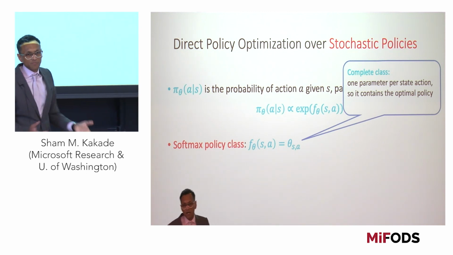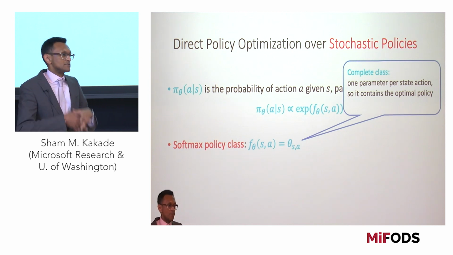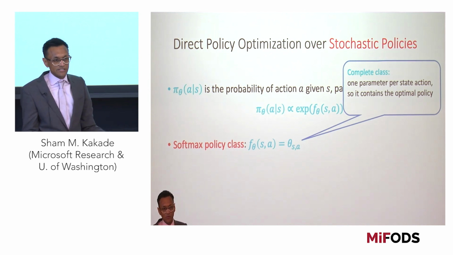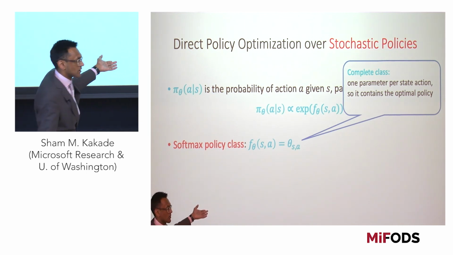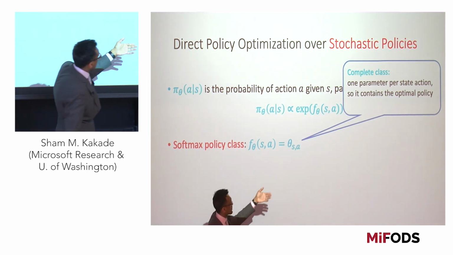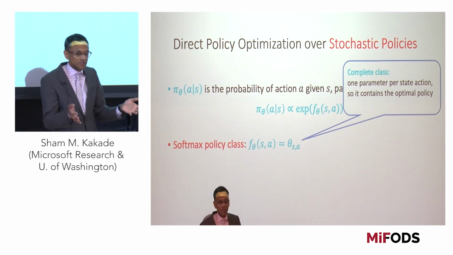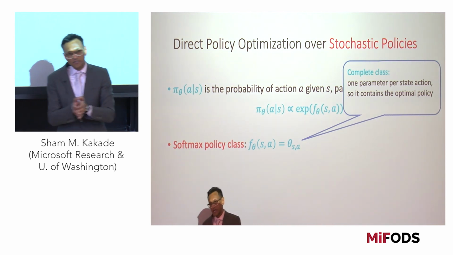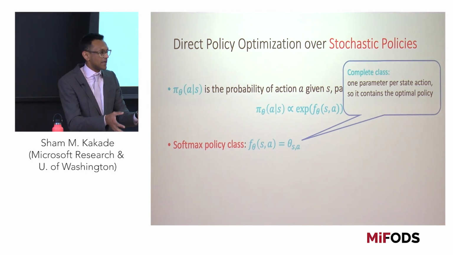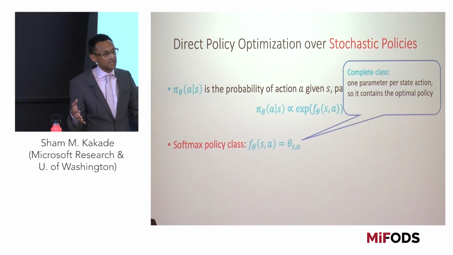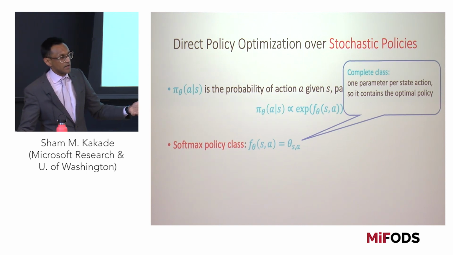Why this policy class is nice is that we can represent every possible policy within our class, so we can definitely represent the optimal policy here. If we're actually in this tabular case, we might as well just do dynamic programming, but it's very helpful to understand the behavior of these algorithms in the simplest possible case where we can represent all policies in our policy class.